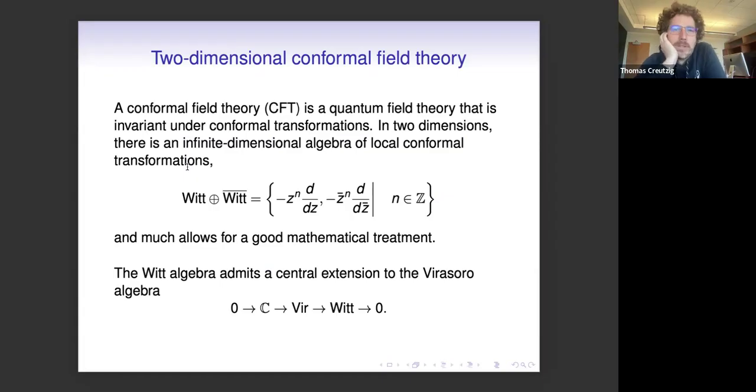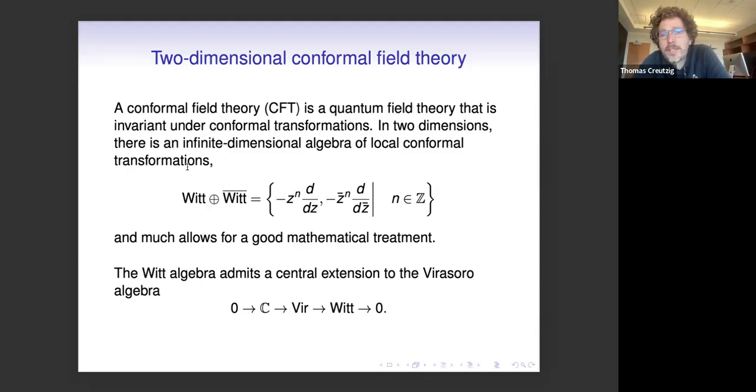Okay. So first of all, we start back in the old days. You all know, or probably know, that vertex algebras come from two-dimensional conformal field theory. Conformal field theory you can make up in every dimension, but it's particularly interesting in two dimensions. The reason is that in higher dimensions, the algebra of local conformal transformations is just finite-dimensional.